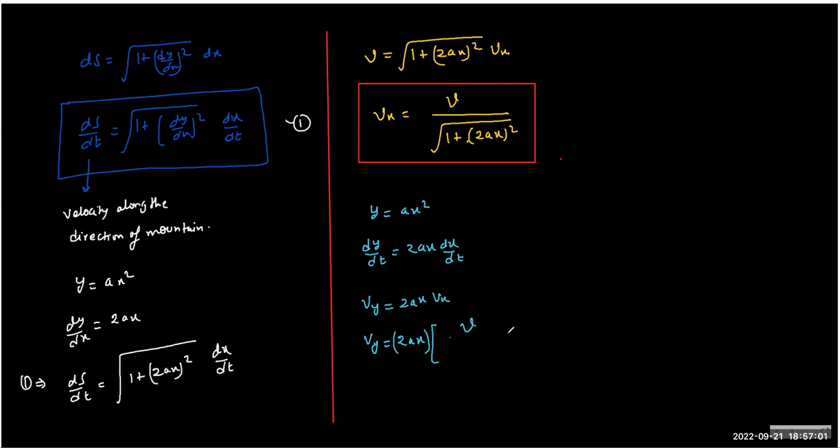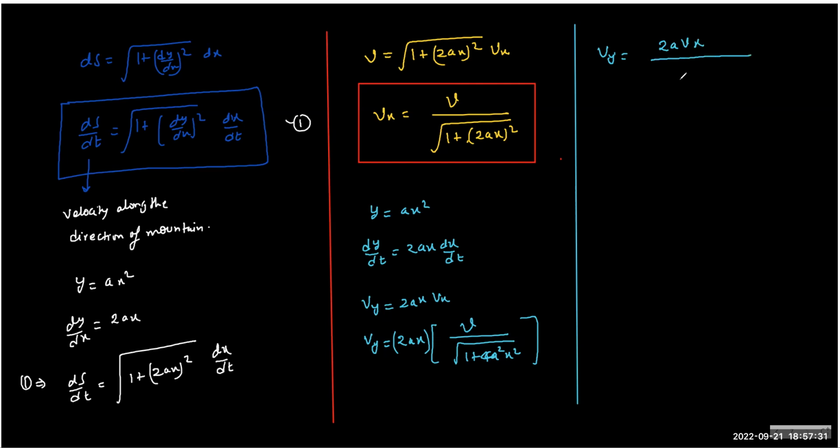Here we have got the answer for vx. So finally we have vy as well. So vy is 2a x vx.